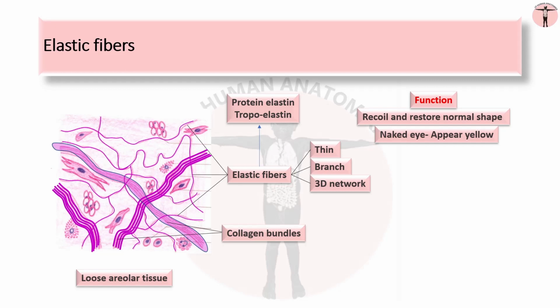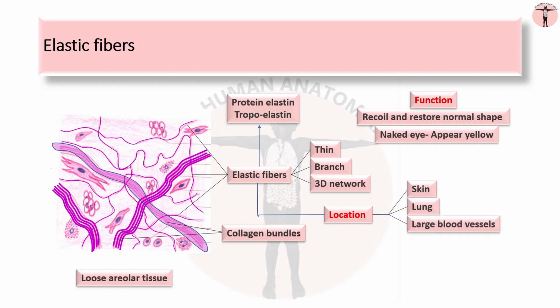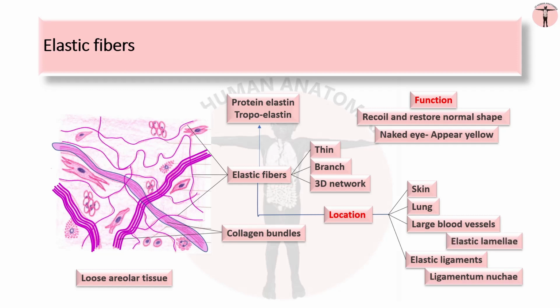These fibers are present in large numbers in skin, lung, large blood vessels, and elastic ligaments like ligamentum nuchae. In large blood vessels, they are present in the form of elastic lamellae. They stain poorly in H&E. As age advances, the elasticity is reduced.